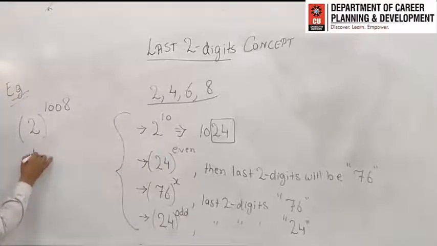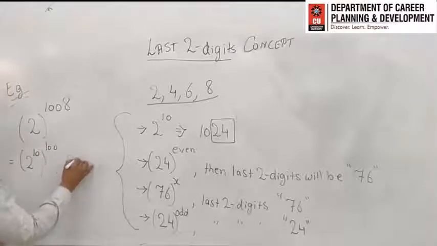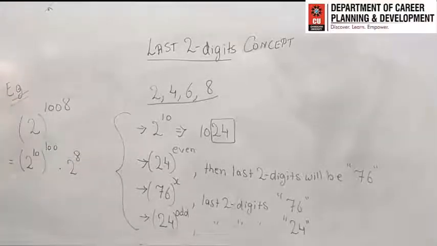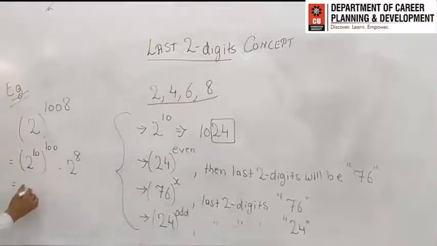Now 2 raised to the power 10, I am writing this value as 2 raised to the power 10 raised to the power 100. This is total power of 1000 multiplied by 2 raised to the power 8. Now 2 raised to the power 10 ends with 24 and 24 raised to the power even.